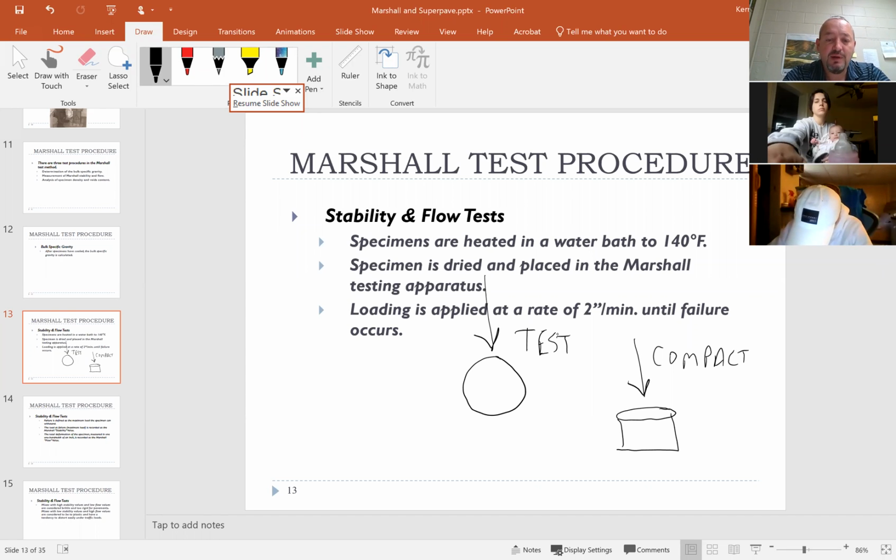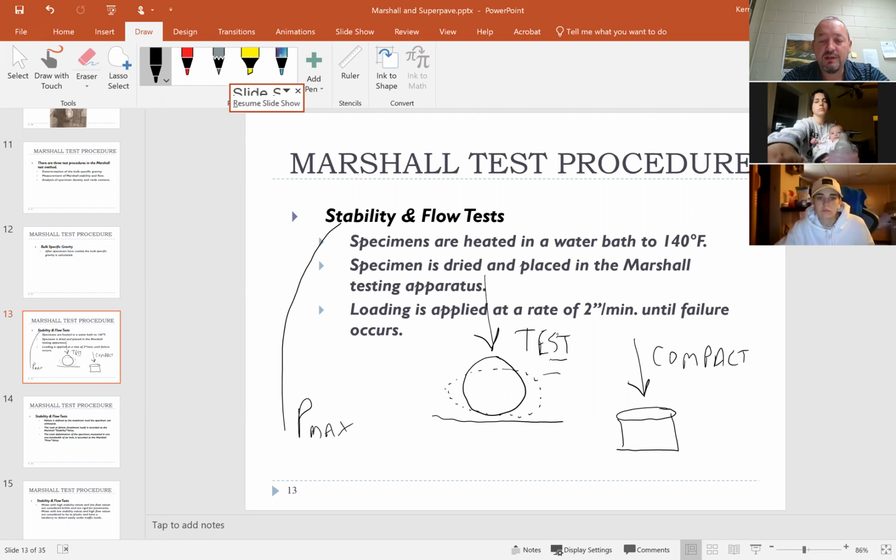And remember, P max here, the maximum load, is the Marshall stability value, and that's in pounds. And then this thing is going to squish out, let's say, like an egg. And the amount of deformation measured in 1/100th of an inch is what we call the flow.